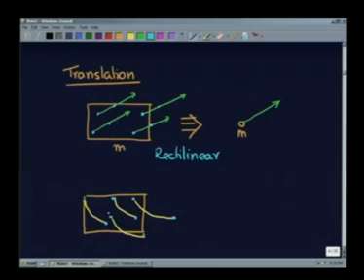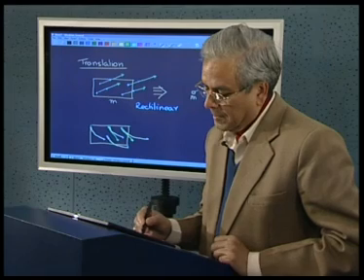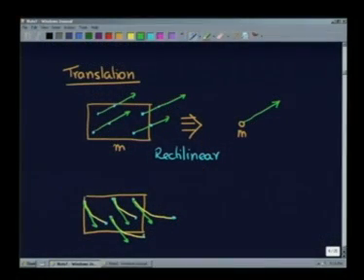So, here also at any particular instant of time, the velocities of the particles will be all identical, but the trajectory of the particles will not be straight lines like this. So, this is called curvilinear translation.